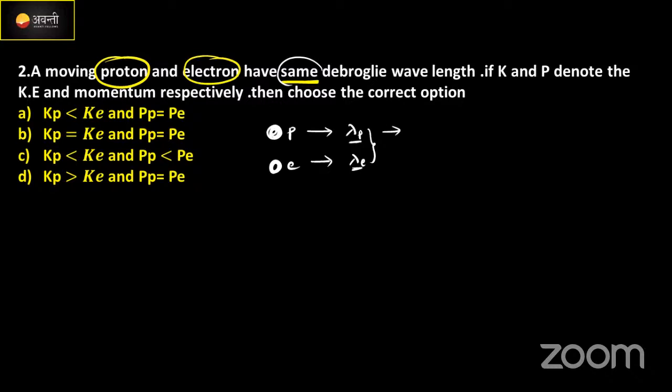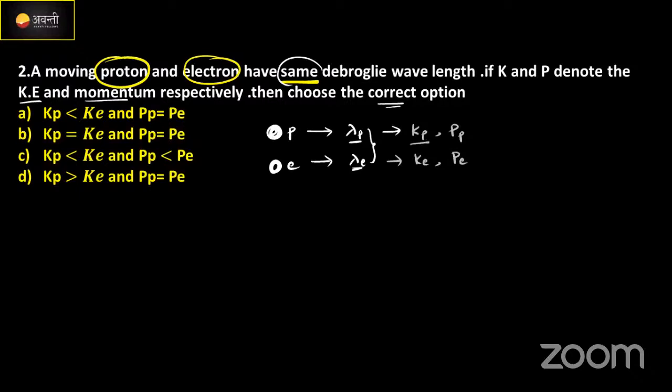Coming to the next point: if K and P denote the kinetic energy and momentum respectively, then choose the correct answer. Here is one more point they have given. K means the kinetic energy of the proton, Kp, and P means the momentum of the proton. Next, K means the kinetic energy of the electron and the momentum of the electron.